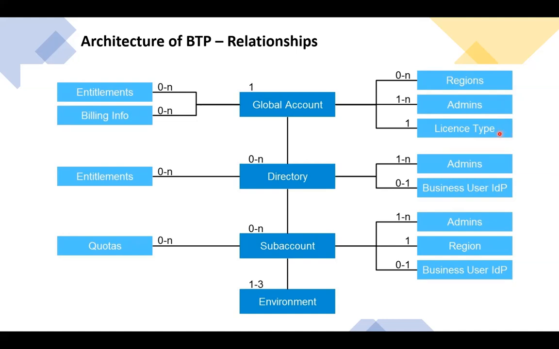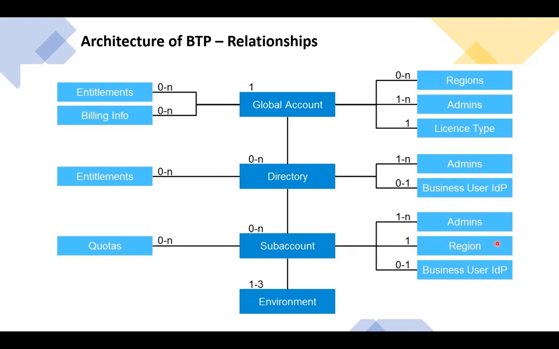And directory, so we can have a number of directories for this one. Sub account, again this can have a number of sub accounts, 0 to n, and admins for this one. If you see the region for the sub account, it's only one, maximum one.